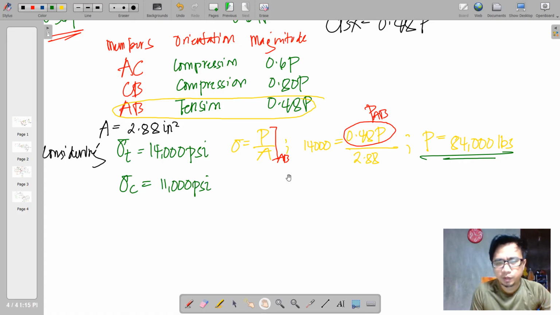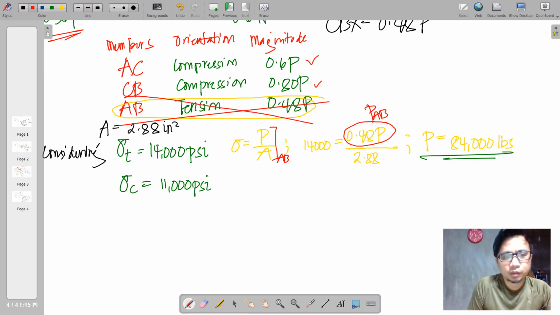And then for allowable compressive stress, we can consider both of these, but we cannot use this one. Okay, so first, let's apply this formula for member AC.